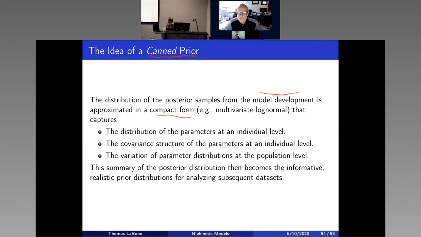This canned prior captures the distributions of parameters at an individual level, the covariance structure between the parameters at an individual level, and also the variation of these parameter distributions at a population level. A summary of these posterior distributions then becomes the informative, realistic prior distributions we can use for doing Bayesian analyses or MAP estimates on a person.